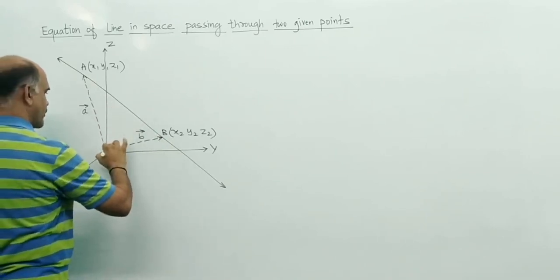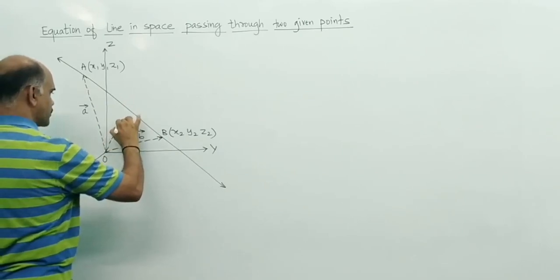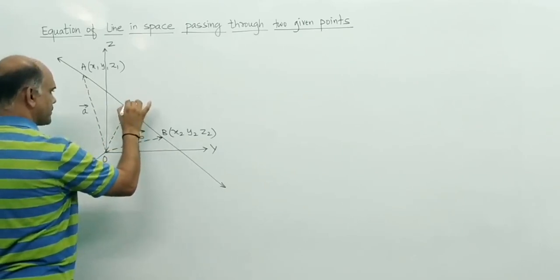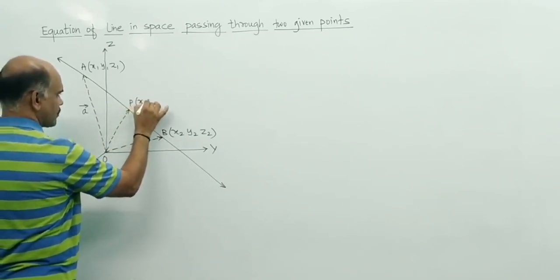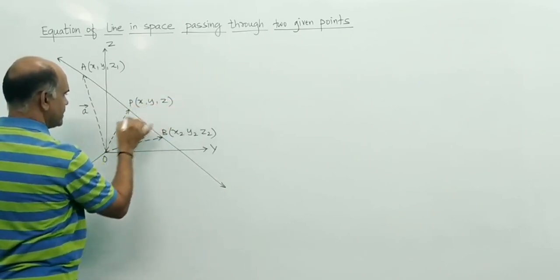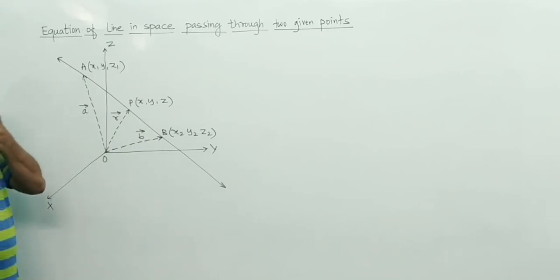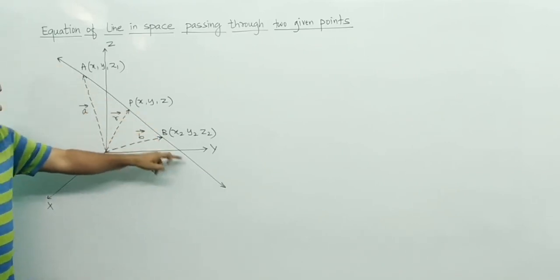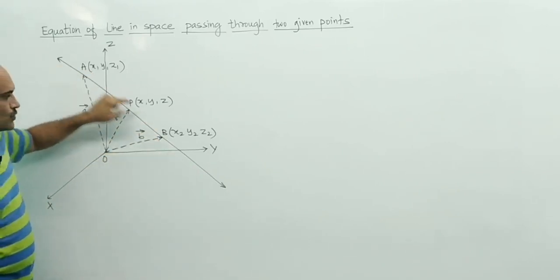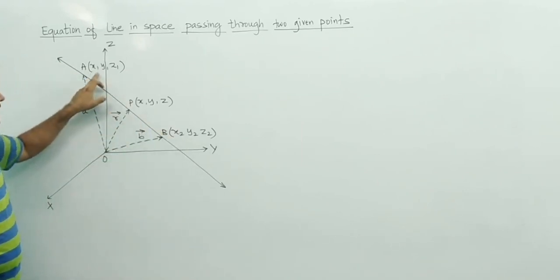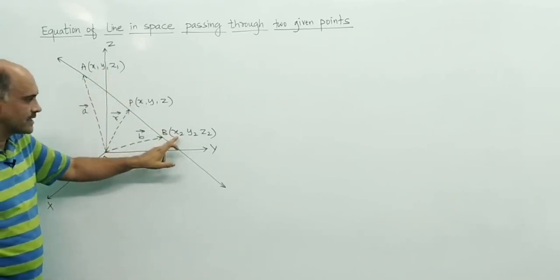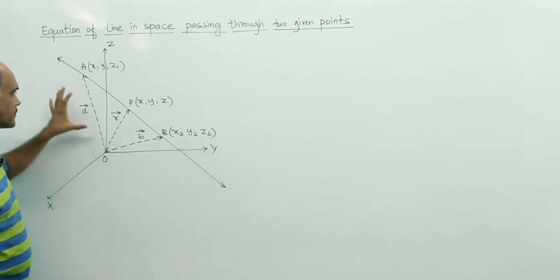Let P be a point on the line, anywhere, with coordinates x, y, z, and its position vector I will take as R. So there is a line passing through two given points, A of x1, y1, z1 and B of x2, y2, z2.